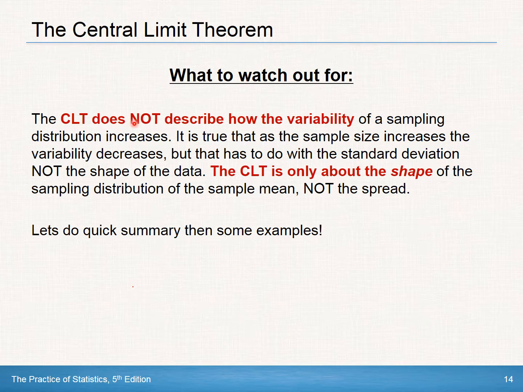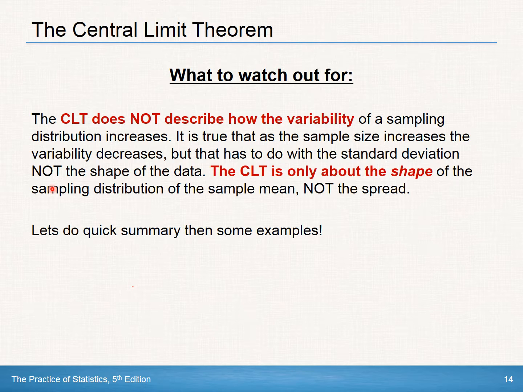So just a couple of things. The central limit theorem does not describe how the variability of a sampling distribution increases. So it tells us nothing about the standard deviation. It literally just tells us if something's approximately normal. It is true that as the sample size increases, the variability decreases, but that has to do with the standard deviation, not the shape of the data.